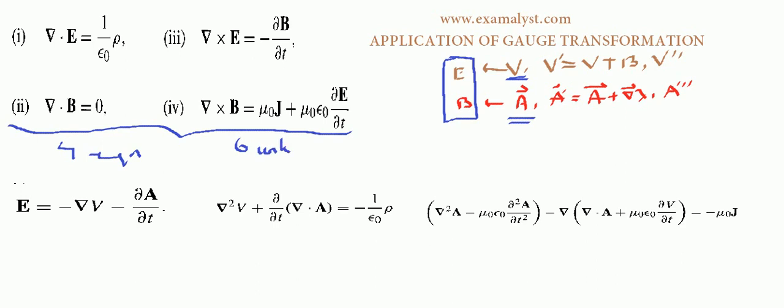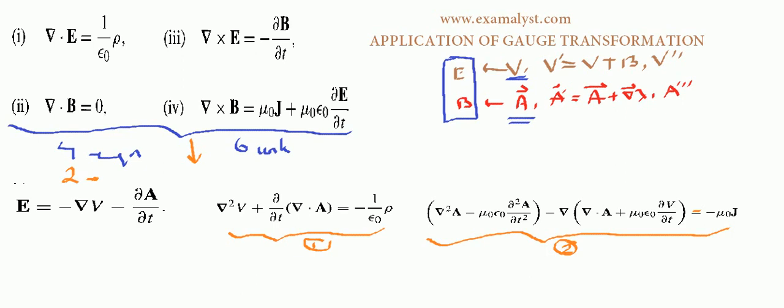Then I used the potentials to convert the Maxwell equations into mainly these two equations, which contain all the information inside the Maxwell equations. So instead of solving four equations, we can actually solve two equations.